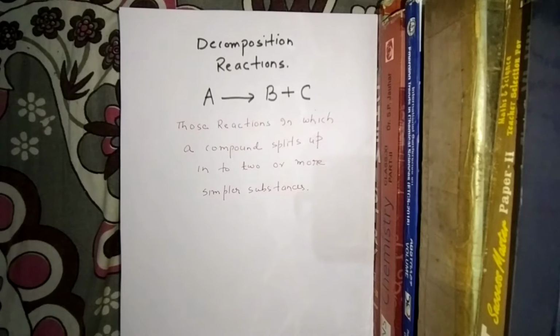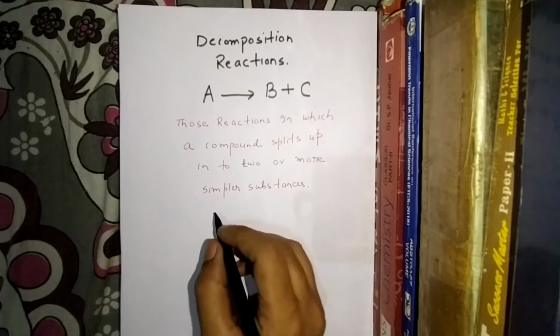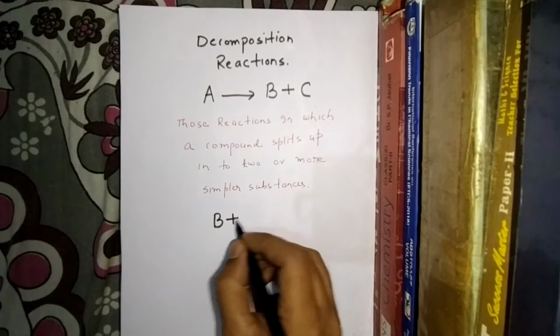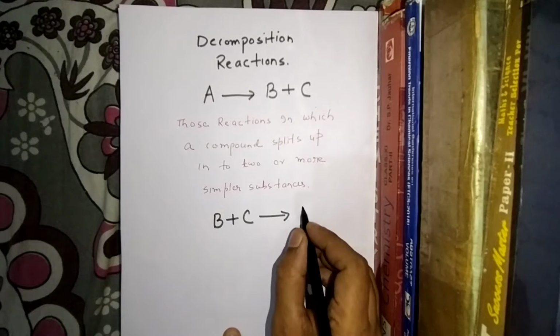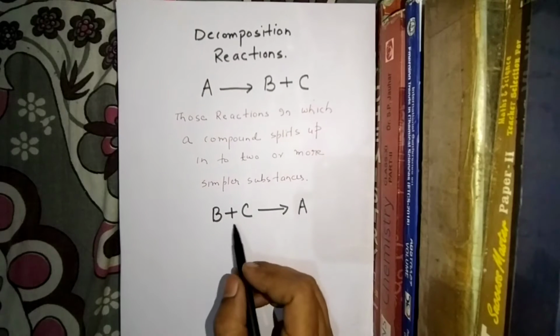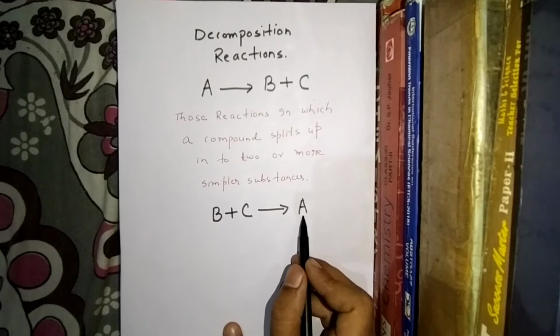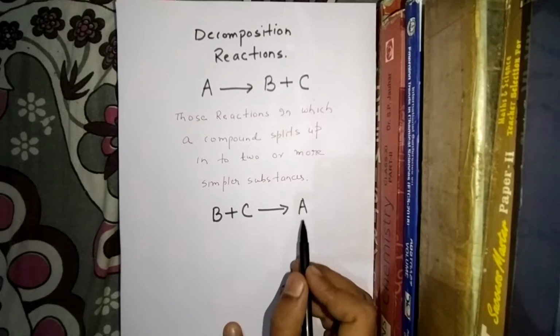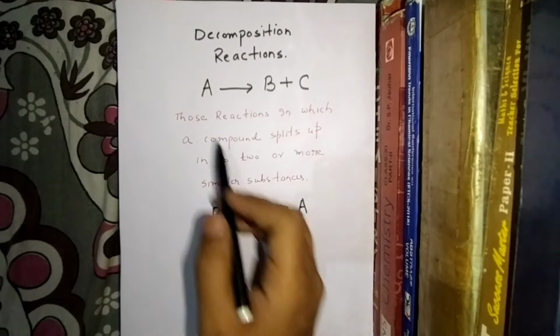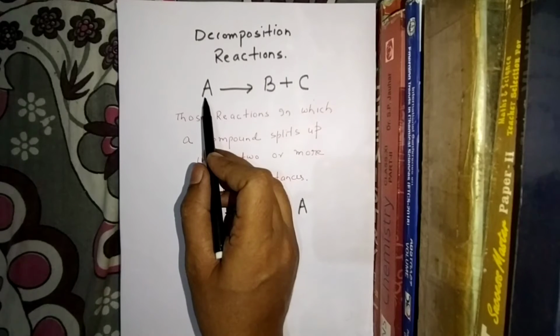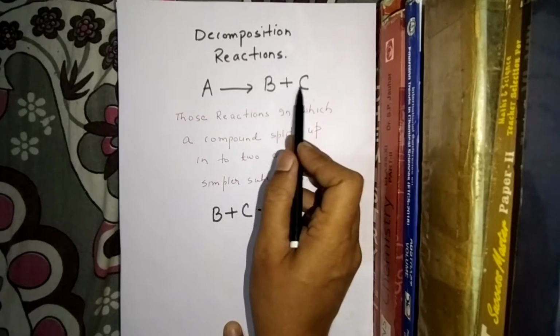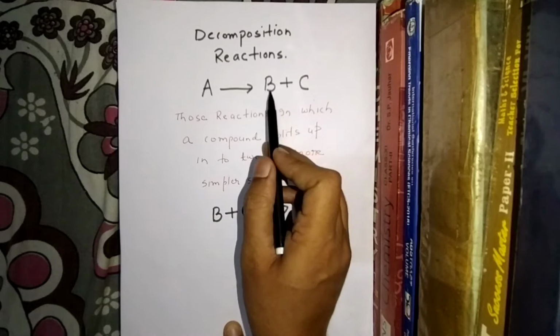Now students, decomposition reactions are opposite of combination reactions. For example, B plus C gives you A. In a combination reaction, two or more substances combine together to form a single compound or a new substance, whereas in a decomposition reaction, a compound breaks up into two or more simpler substances.